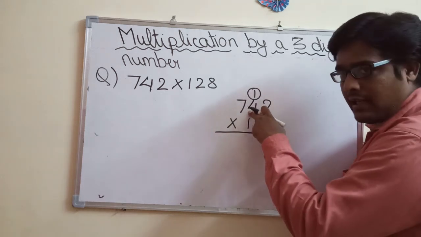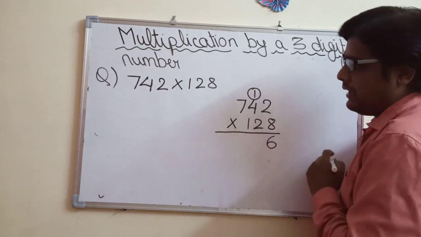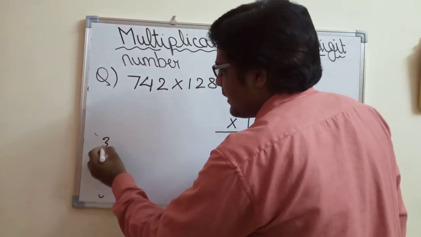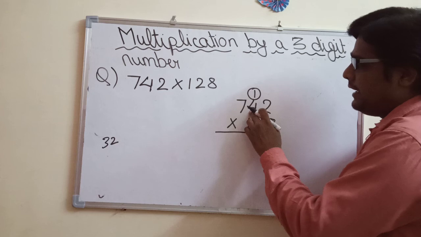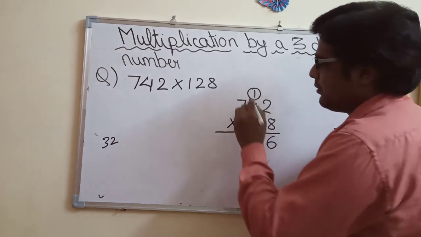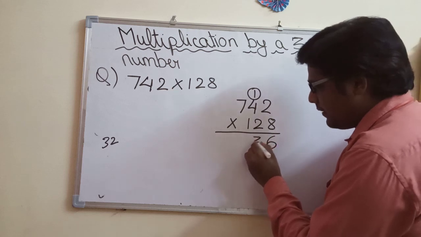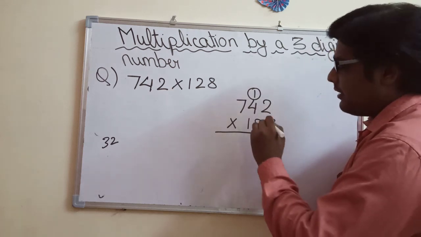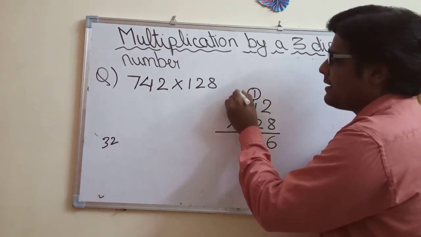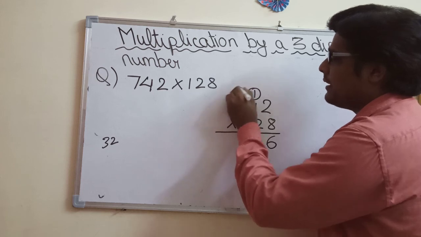8 4s are 32. 32 plus 1 is 33. So put 3 over here and carry the 3 in the tens place on 7.